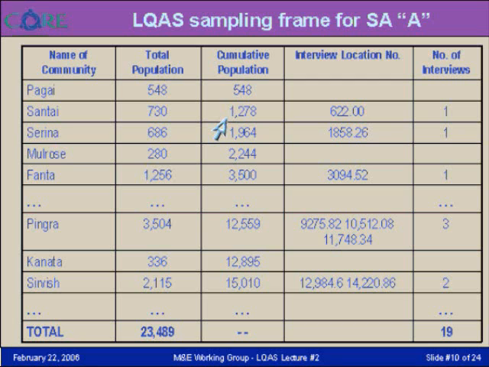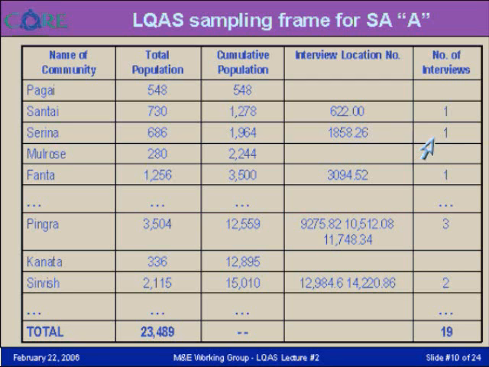Now, to locate the second interview, we need to find the community in which the 1,858th person is located, and that will be the community of Serena, as Serena has a cumulative population of 1,964. Therefore, we will identify here our second community that will be selected to conduct the interview.